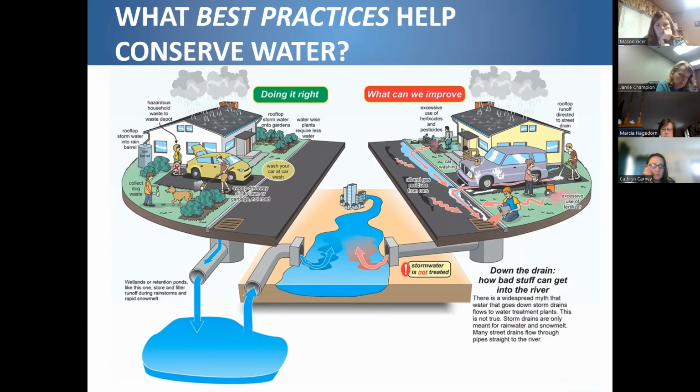Over on this side, people are dumping things down in the storm sewer. That's maybe not the best idea. They may be watering their lawns too much. They might be using too much Roundup on their lawns, on the dandelion that really doesn't need that much Roundup. Just things like that that we all kind of do in towns as well as in rural areas.